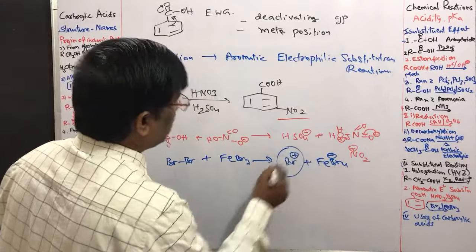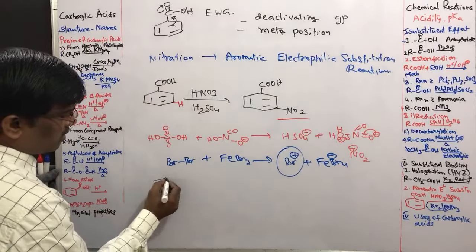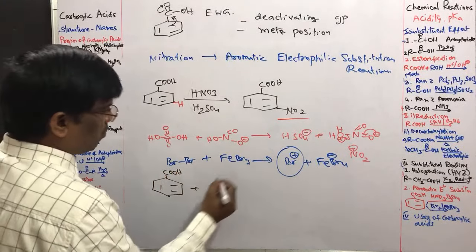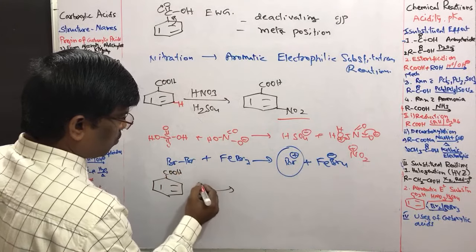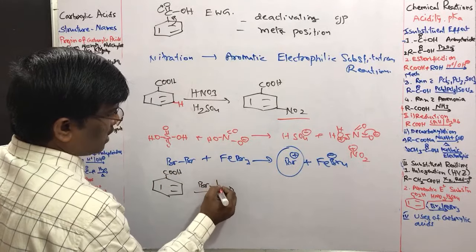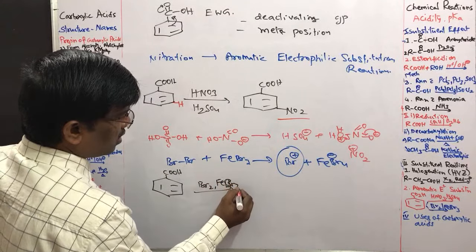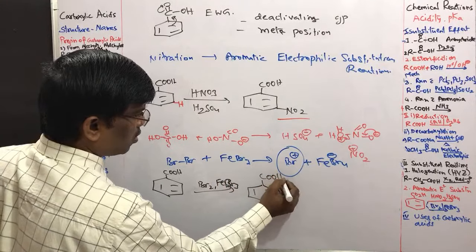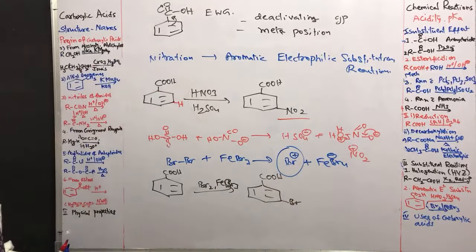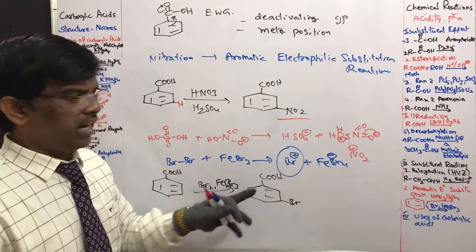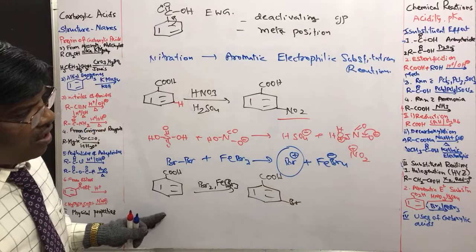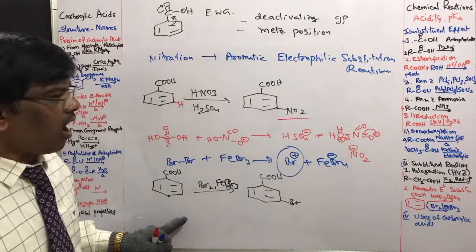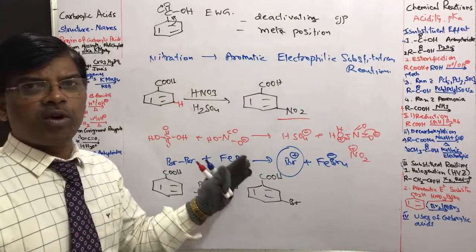So this electrophile, if I take the same benzoic acid and do the bromination, bromine in presence of ferric bromide, I am going to get meta-bromobenzoic acid, or 3-bromobenzoic acid. So this is how we can do electrophilic aromatic substitution on carboxylic acids, aryl carboxylic acids.